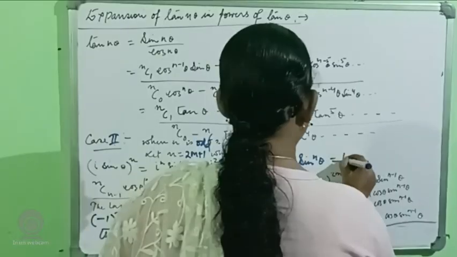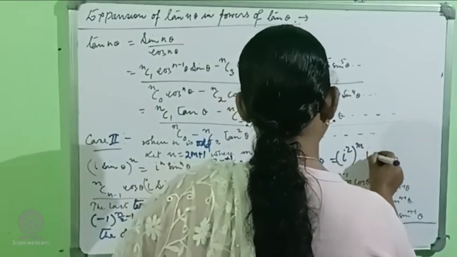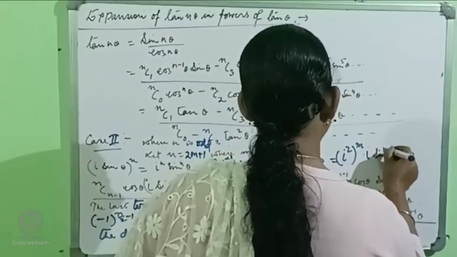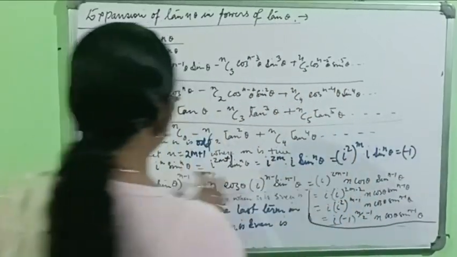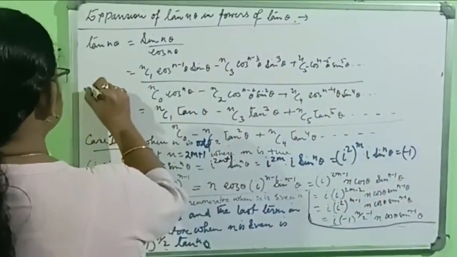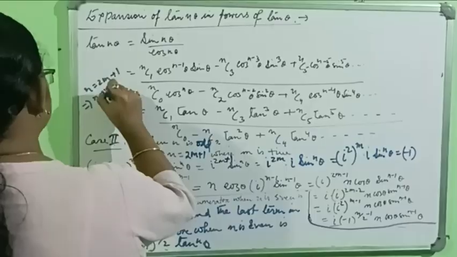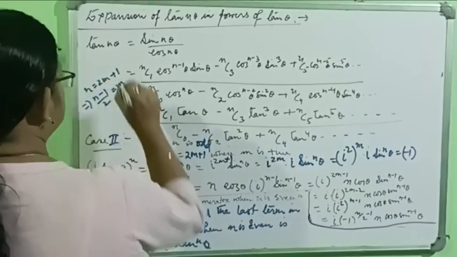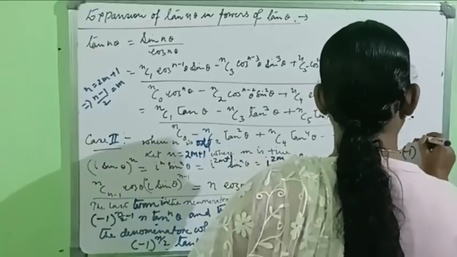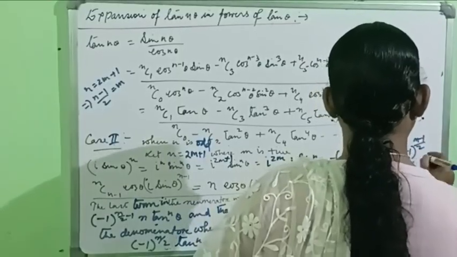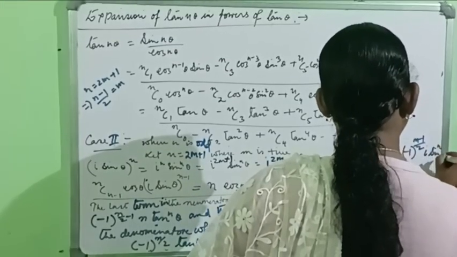This can be written as i squared to the power m, i sine n. This is minus 1 to the power m from here. This n equal to 2m plus 1 implies n minus 1 by 2 equal to m. Okay, so minus 1 to the power n minus 1 by 2, i sine n theta.